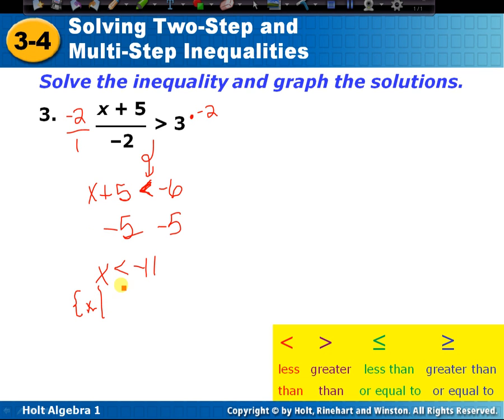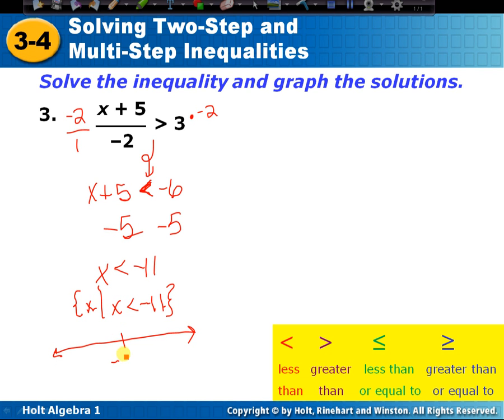And I'm going to say x such that x is less than negative 11. Now that I have solved and set, I have to graph. So I'm going to draw my number line.